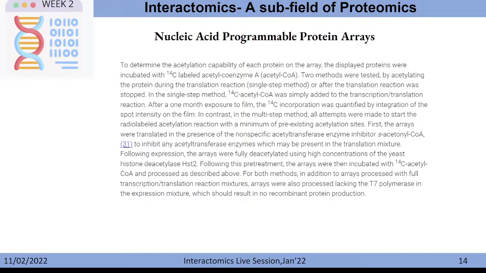Following expression, the arrays were fully deacetylated using the histone deacetylase HST2. So using another particular enzyme, it was fully deacetylated. Then following this pre-treatment, they were incubated with 14C acetyl-CoA and processed as described above. So in one method, directly 14C-labeled acetyl-CoA was added, and in the other there were two steps.